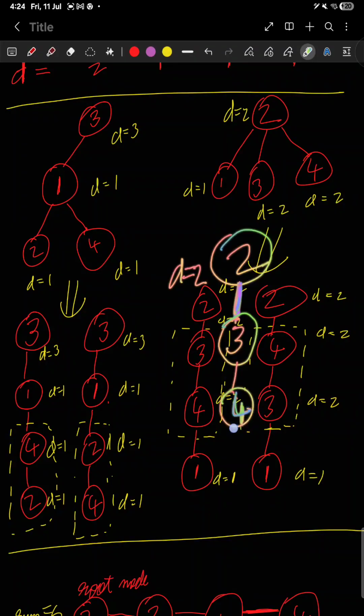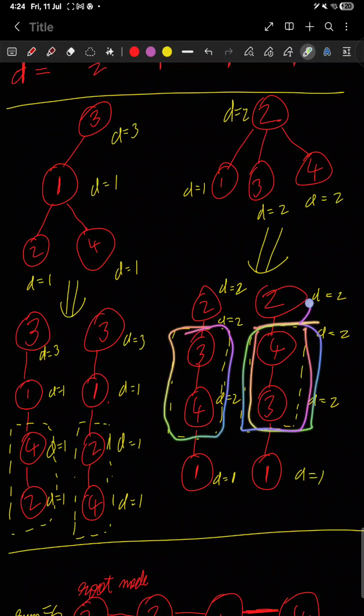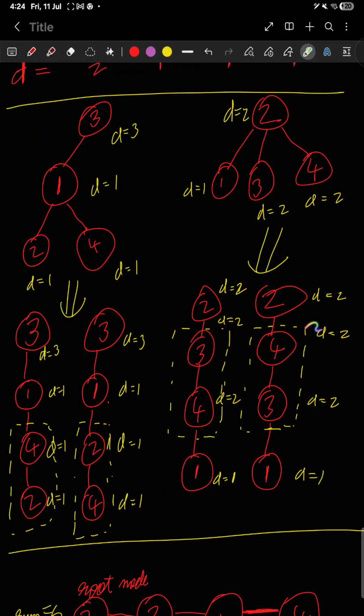At the last we place the node 1, and for these two nodes the divineness will be 2, and for the last node the divineness would change and it would be 1. I hope you have understood this, and 3 and 4 we could place in any order, it doesn't matter, because these are both greater than the divineness of the parent node, which is 2.